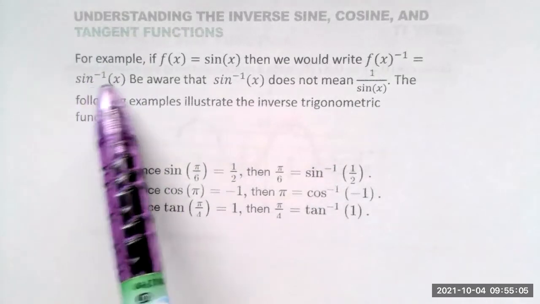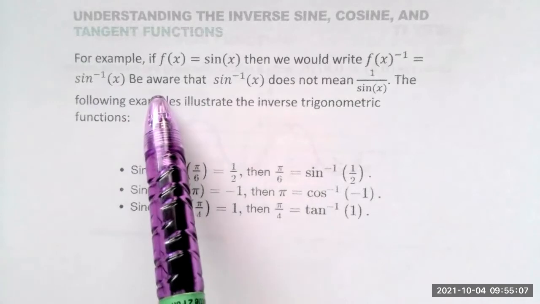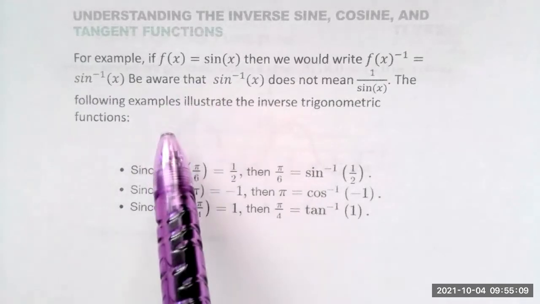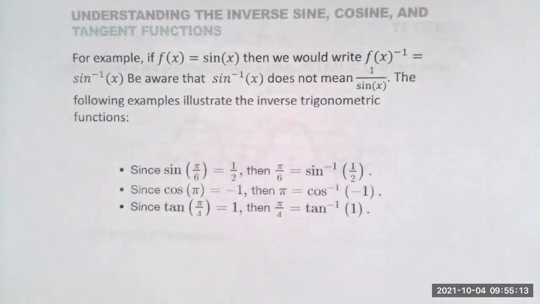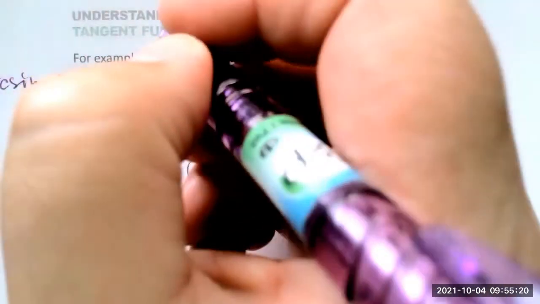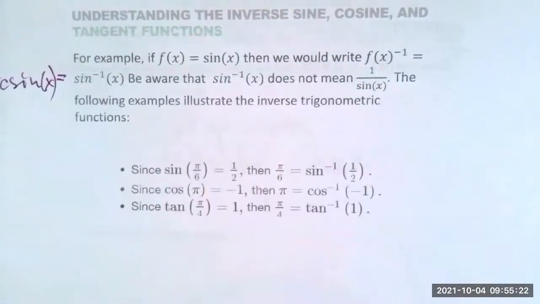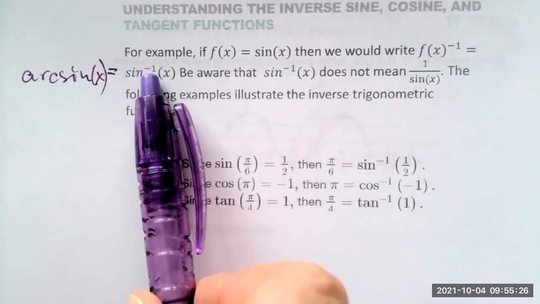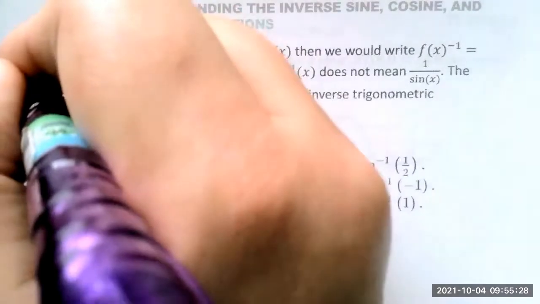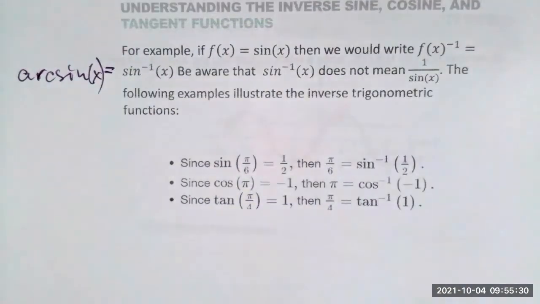But here it's not a reciprocal, it's an inverse. Now another way of notating inverse sine is arc sine. Arc sine of x is the same thing as sine with a -1. So this is just another way of writing it.